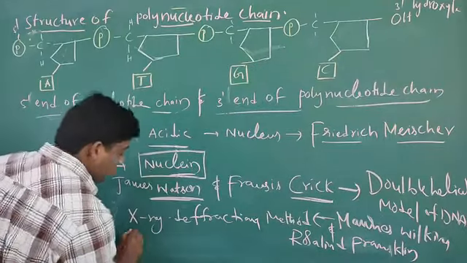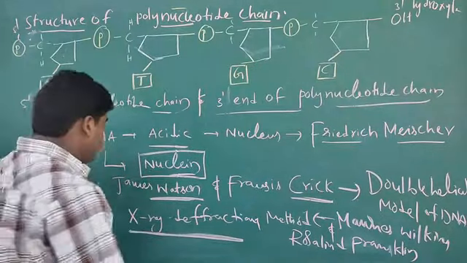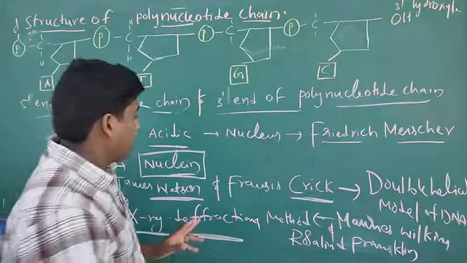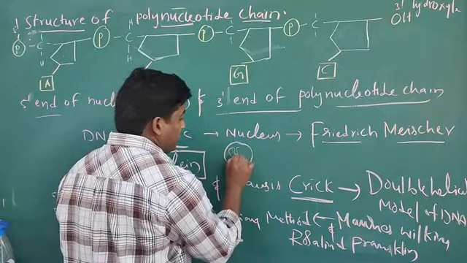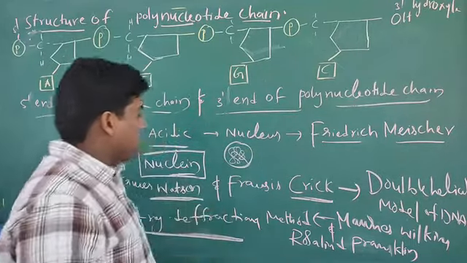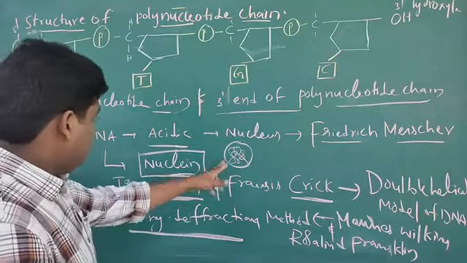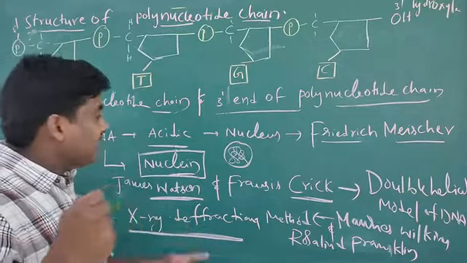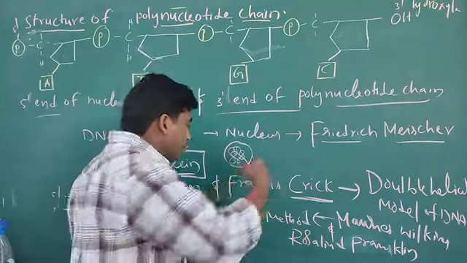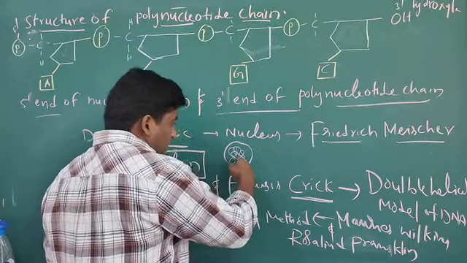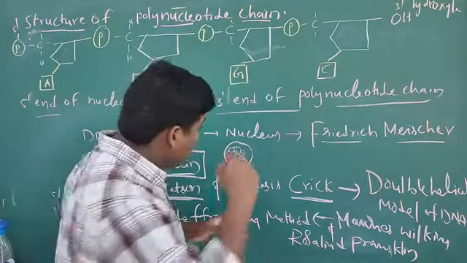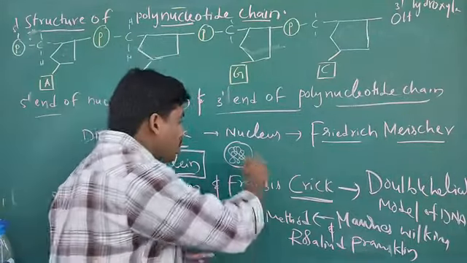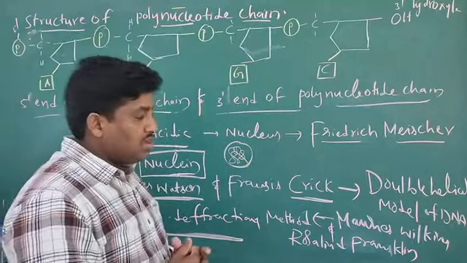So what is the X-ray diffraction method? What is meant by it? The X-ray diffraction method means that inside the nucleus, the genetic material is present. Some rays, a light beam, is passed into the nucleus.